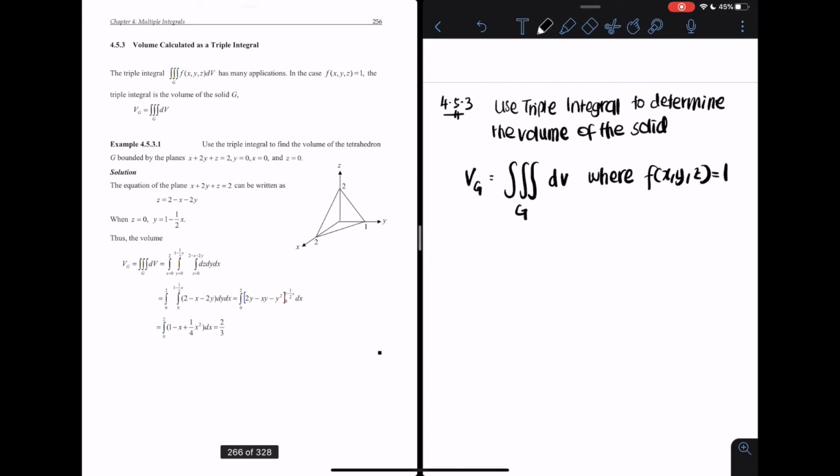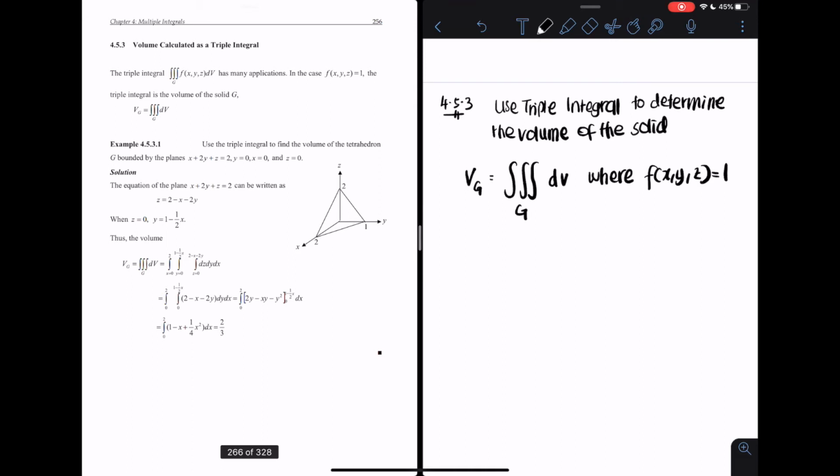Meanwhile, for double integral, there are two applications: you can use it to determine the volume of the solid, and you can also use it to determine the area of the region R. When we are talking about a triple integral, you can always use it to determine the volume of the solid G. According to your module on page 256, to determine the volume of the solid G, you should assume your function f(x,y,z) is equal to 1.